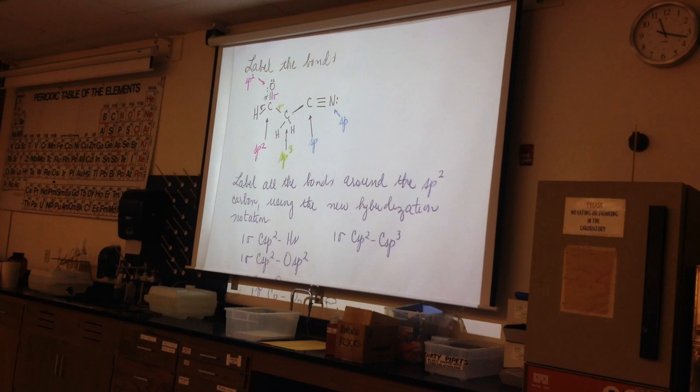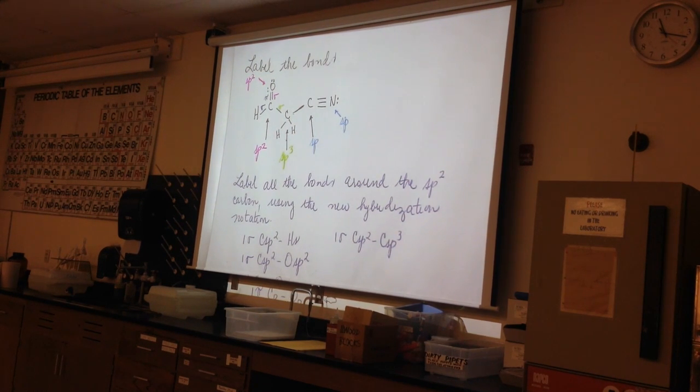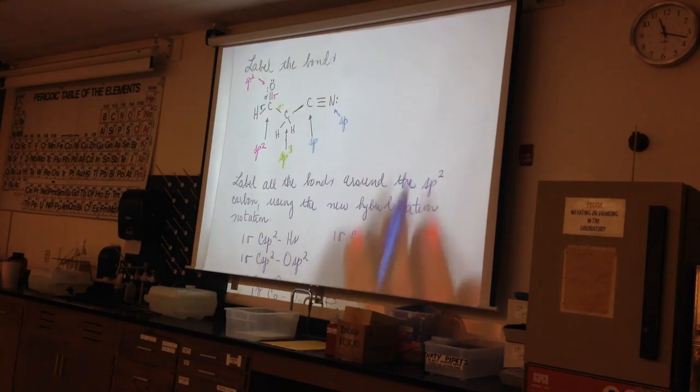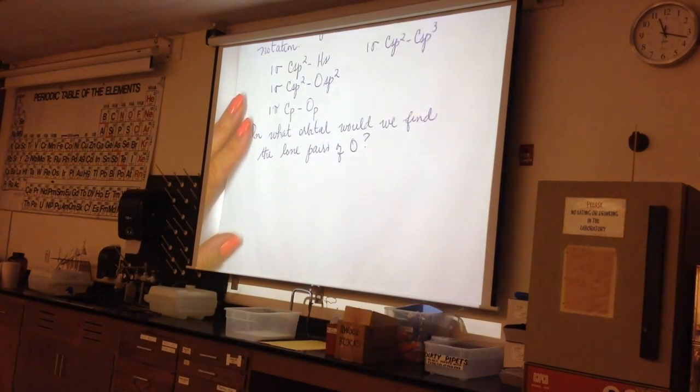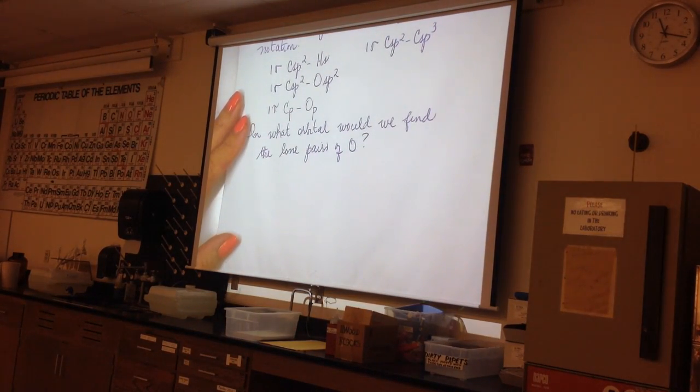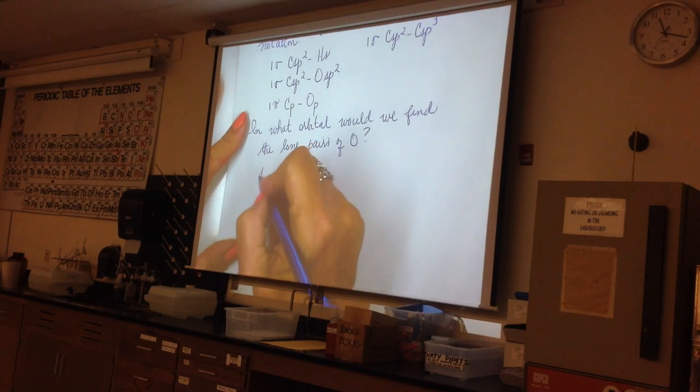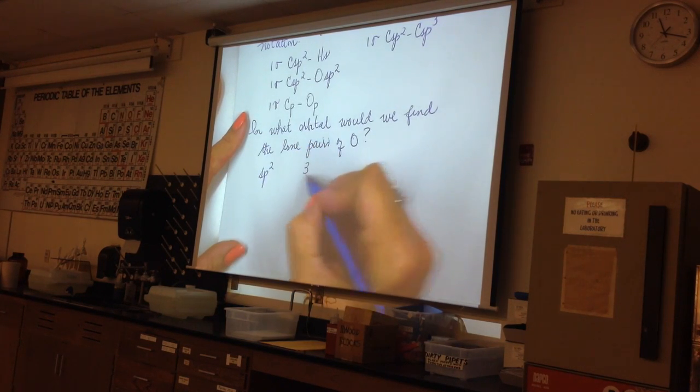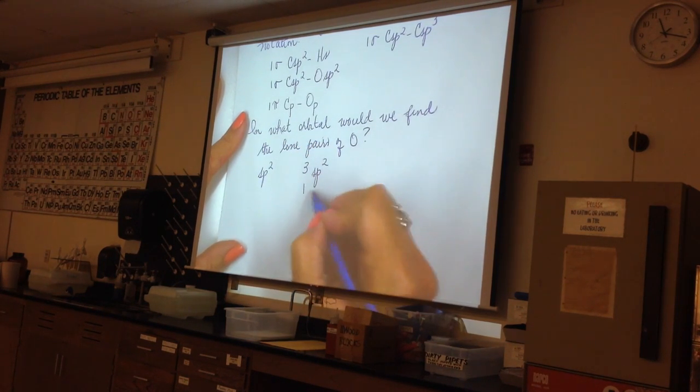No. So what happened with sp2 again? What was the deal with sp2? How many orbitals did we have for sp2? You wrote notes. You said an sp2 hybrid had 3 sp2 and 1 p.